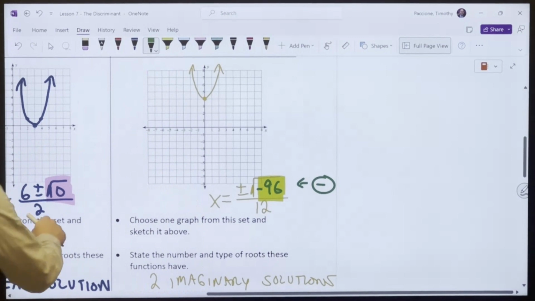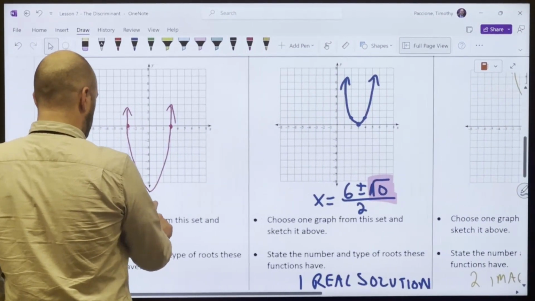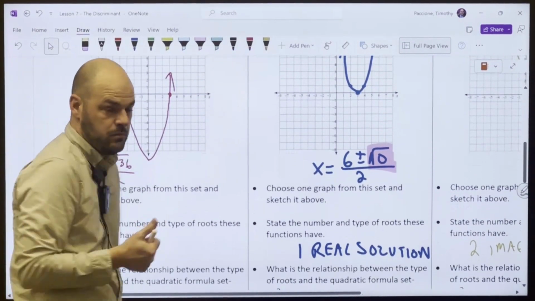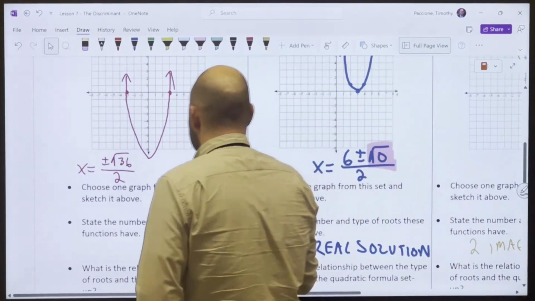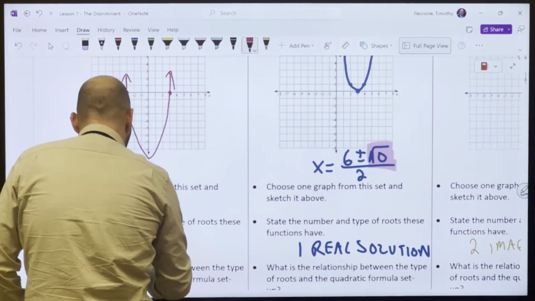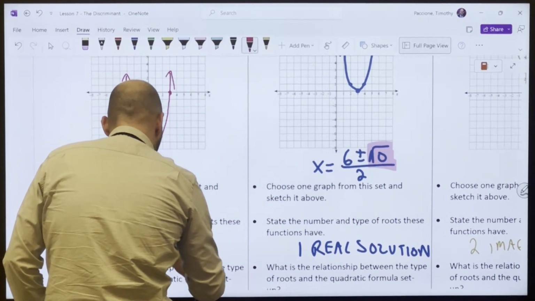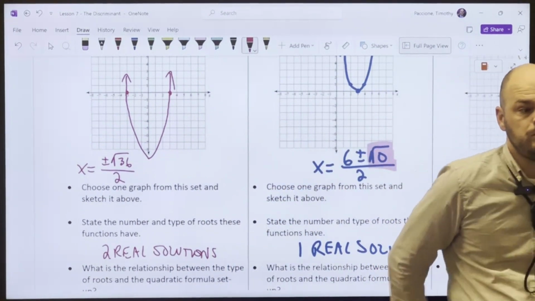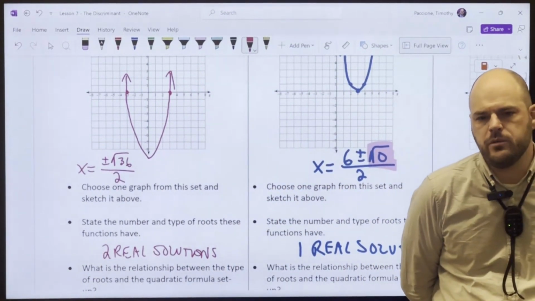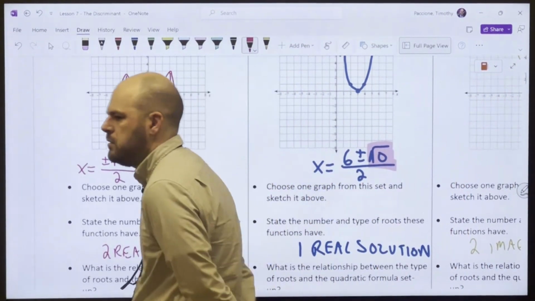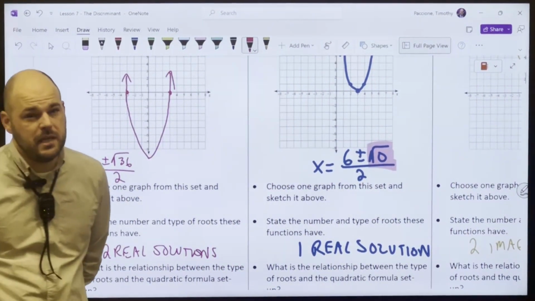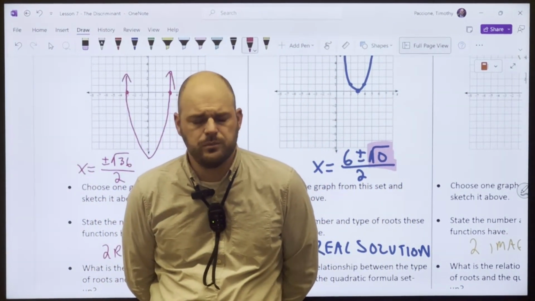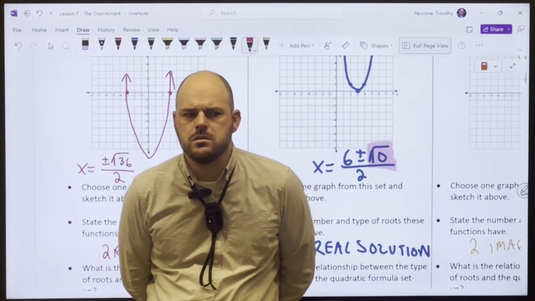Which brings us to our last one. What did all of the pink ones have in common? Two things. Two real solutions, right? We know that because they had two x-intercepts. And what did all their square roots have in common? It's a little harder to see, which is why we did it last. Some of them had square root of 36, which was nice, but I think one of them was square root of 53.